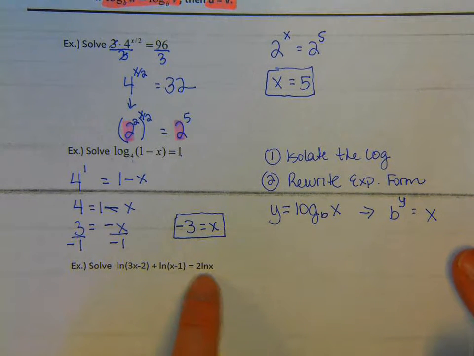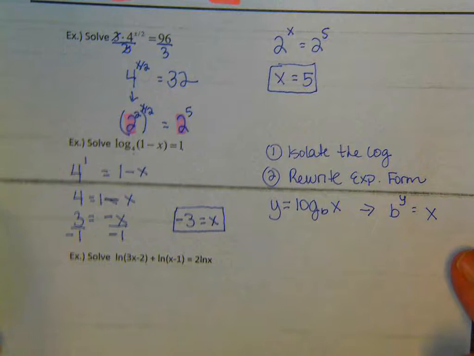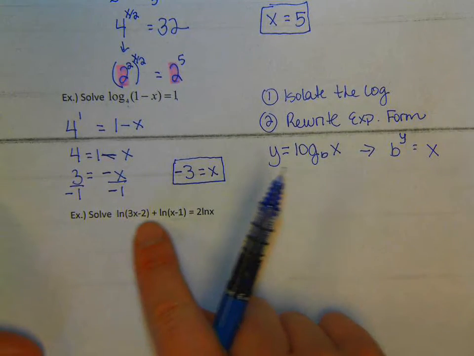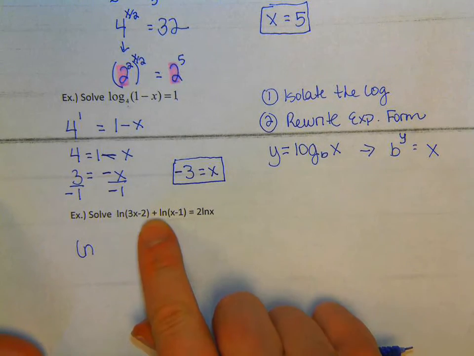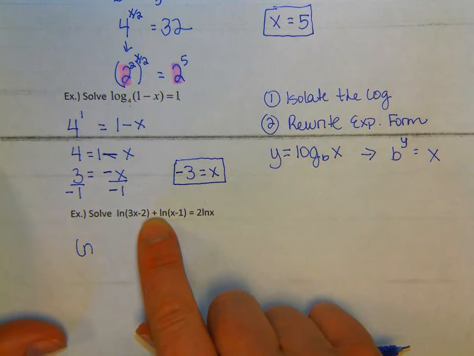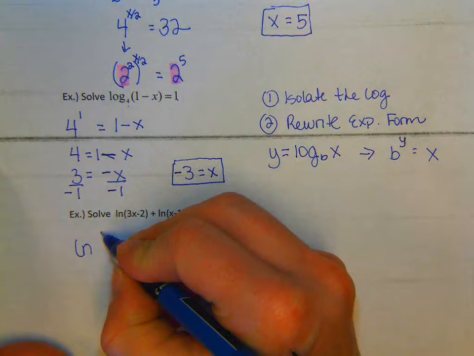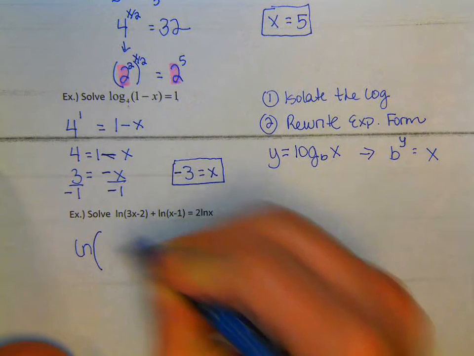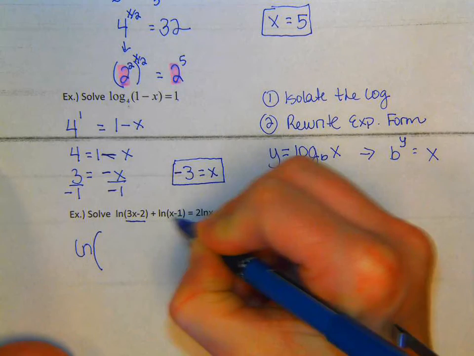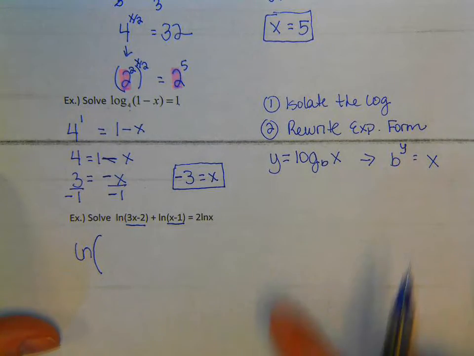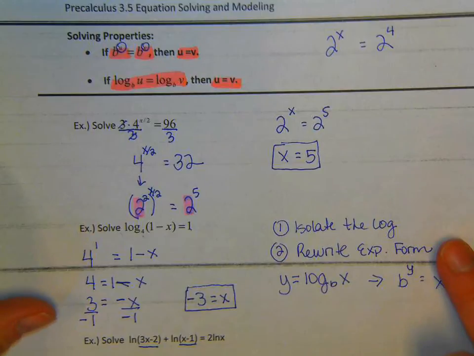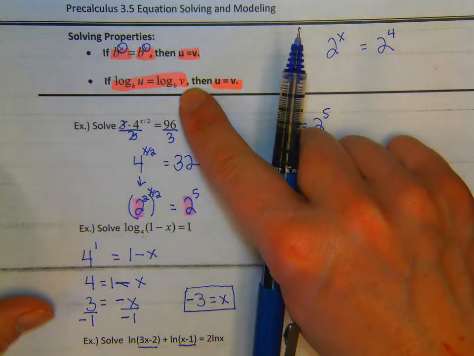So back from 3.4, we learned that if I have the same bases, I can combine those logarithms that are separated by addition as the natural log of this times this. And I'm going to try to do that so I can simplify and get some kind of property like this.